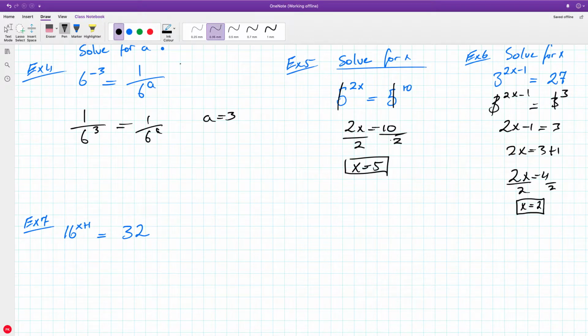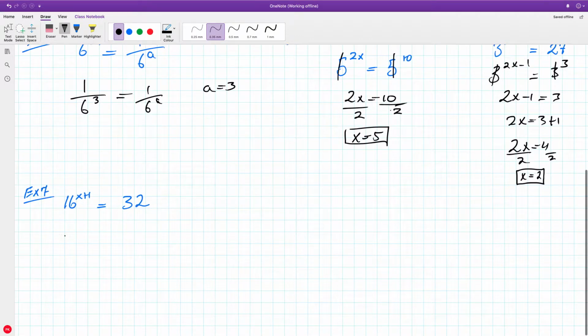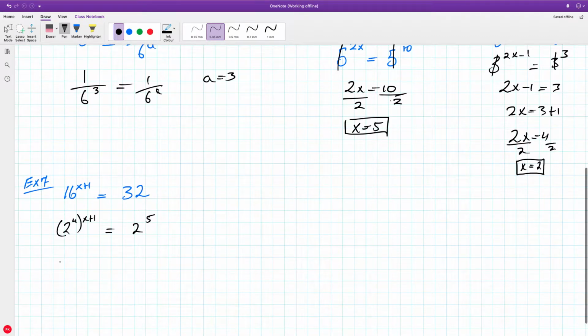So we go with 16 to the power of x plus 1 is 2 to the power of 4, is it? 2 to the power of 4, all to the power x plus 1, is equal to 32, becomes 2 to the power of 5. Power raised to power we multiply. 2 to the power of 4x plus 4 is equal to 2 to the power of 5. What happens there?